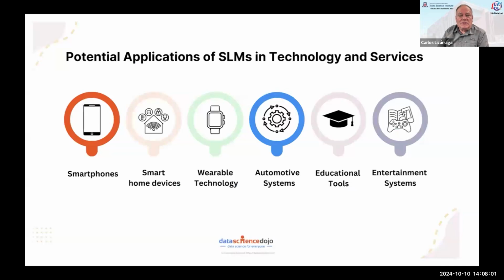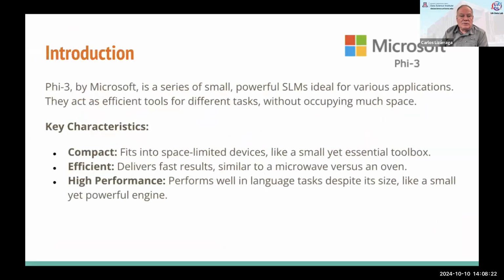And some potential applications for the small language models in technology and services: you can install these models on smartphones or smart home devices, wearable technology, automotive systems, educational tools, and entertainment systems. So these are some of the advantages of the small language models.